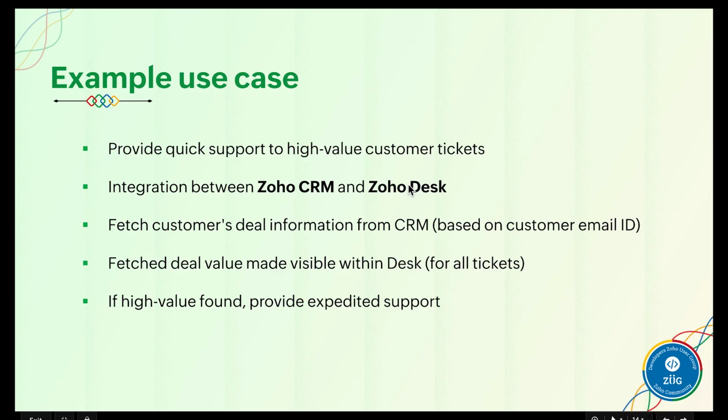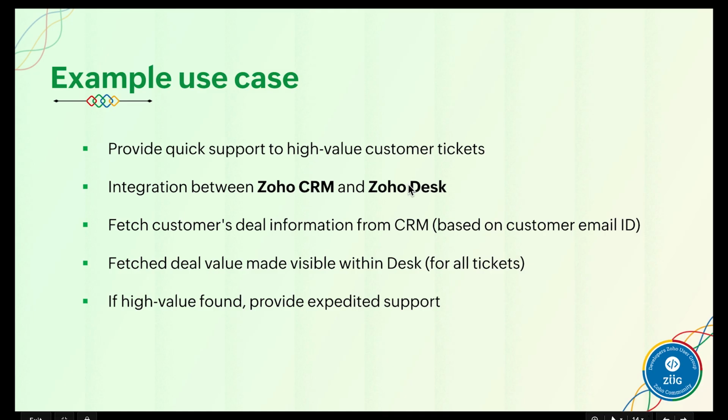So whenever we receive a ticket in Zoho Desk, if we want to provide specialized or quick support to high value customers, then that can be achieved using inter-widget communication. So how can this be achieved?